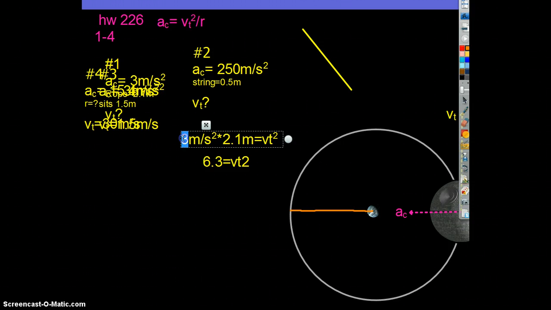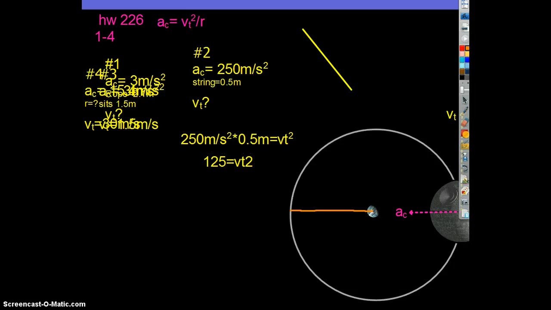So our centripetal acceleration moves to 250. The radius, again, we're going to multiply the radius over. So the radius of 0.5 meters goes there, equals VT squared. So 250 times a half, well, that's 125. 125 meters per square second is equal to VT squared, and then we have to square root 125.